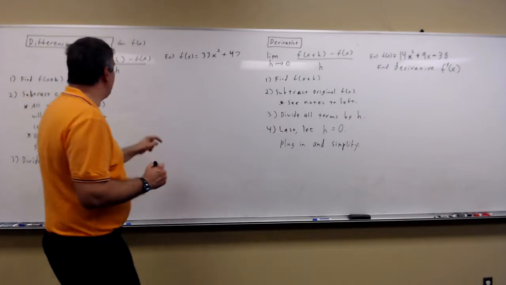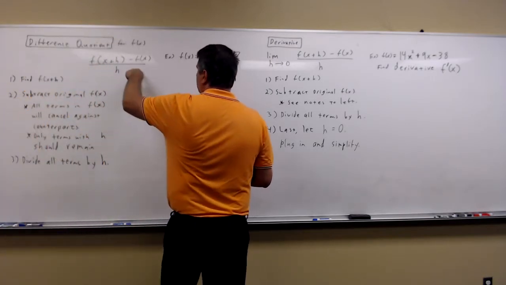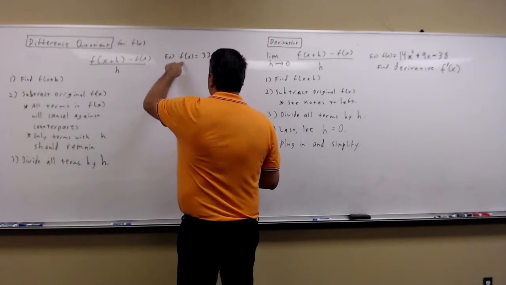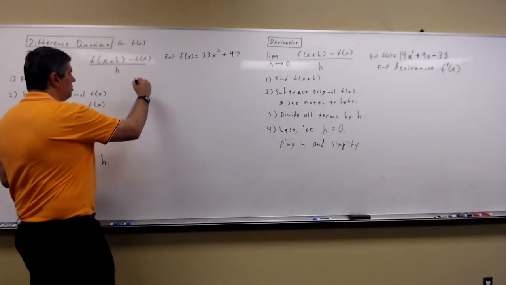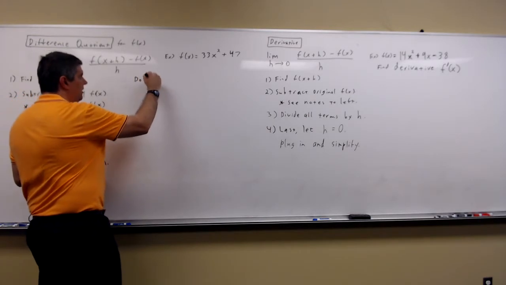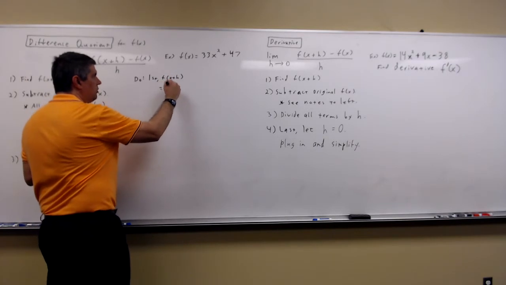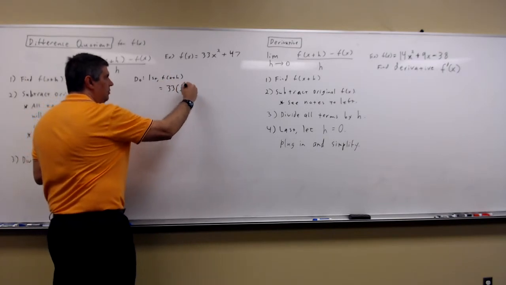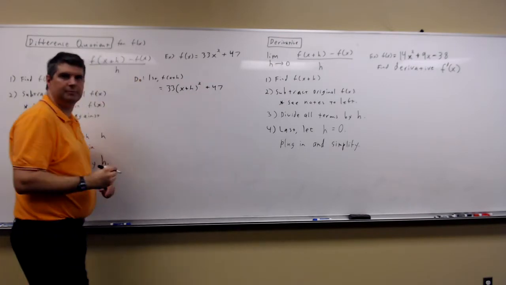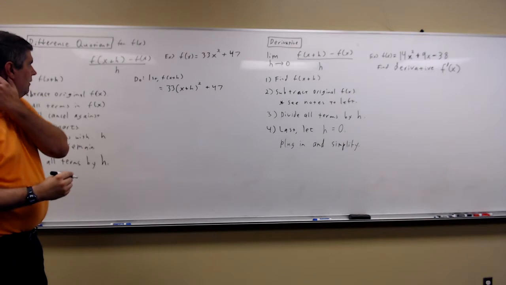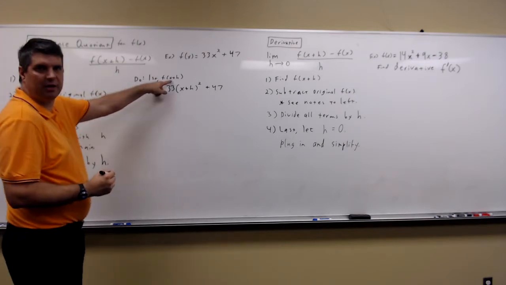All right, so to do the difference quotient, this is the definition of the difference quotient of f of x equals blah, blah, blah. You start by finding f of x plus h. So first, f of x plus h equals 33 times x plus h squared plus 47. I'm not going to worry about this or this until I'm finished with f of x plus h.